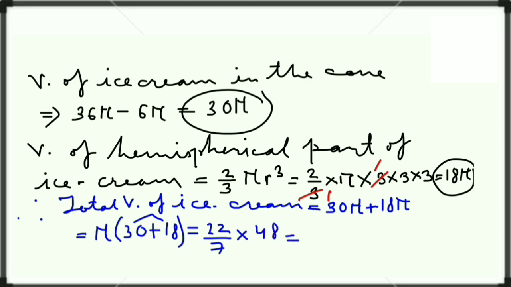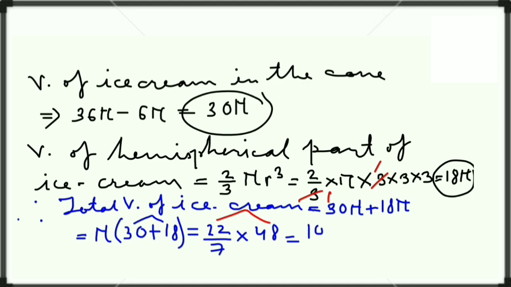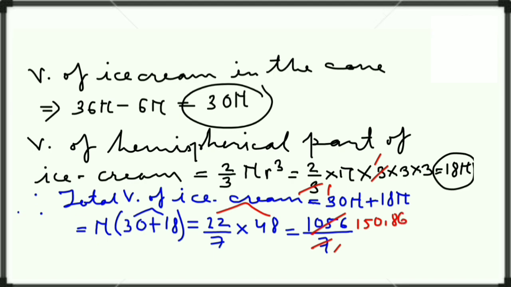Now after multiplying these two, here we obtain 1056 by 7, and dividing 1056 by 7 we get 150.86 approximately. So the total volume of ice cream is 150.86 centimeter cube. This is our final answer.